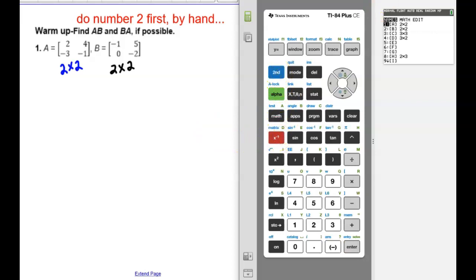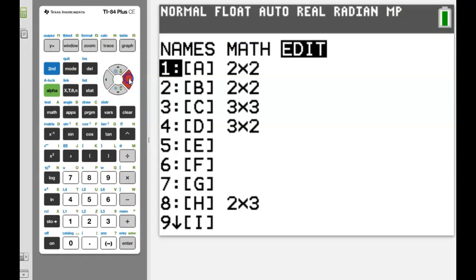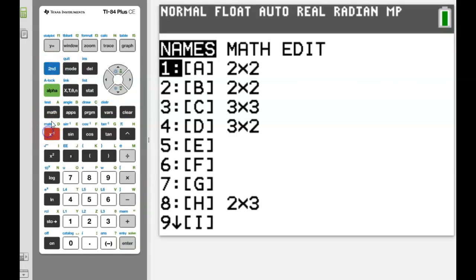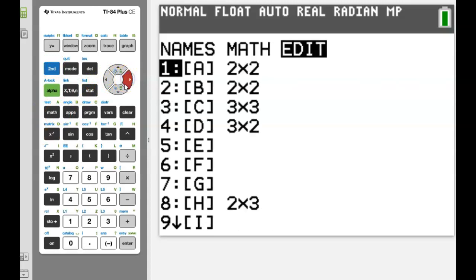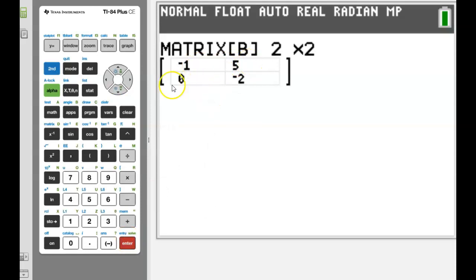Matrix A is a 2 by 2. Is this matrix A, guys? 2, 4, -3, -1? Is that right? Okay. If I quit and go back in to B, do I have B entered correctly as -1, 5, 0, -2? Okay.